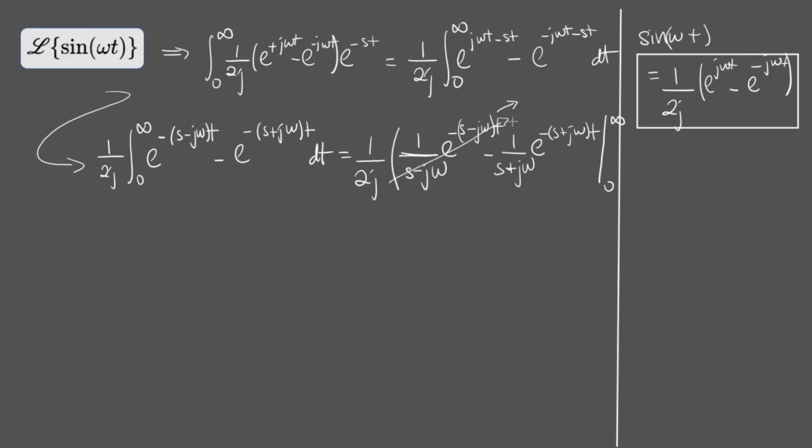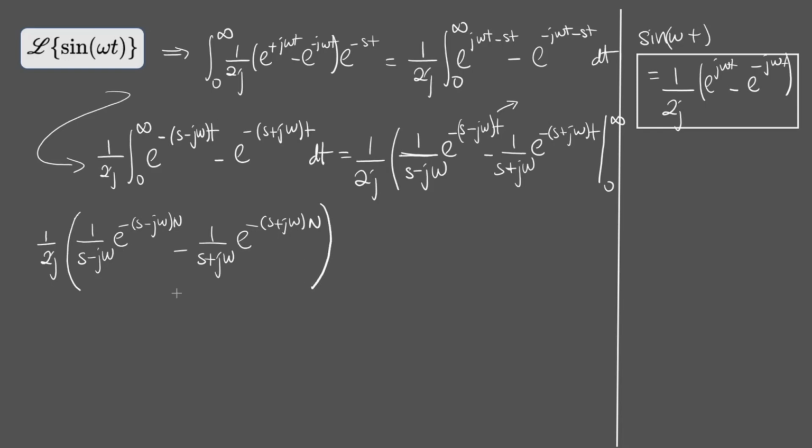Let me write it. I'm going to solve in n, and n is going to grow really, really big. So that's 1 over 2j, let's just bring 1 over 2j out of everything: 1 over s minus j omega, e to the negative (s minus j omega) n, minus 1 over s plus j omega, e to the negative (s plus j omega) n.